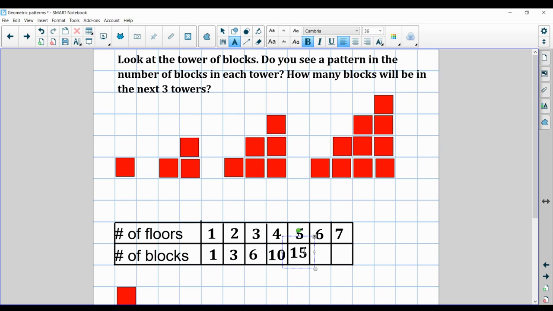Then I add 6: 15 plus 6 is 21. Now I'm going to add 7, so 21 plus 7 is 28. So in the next 3 towers, I'm going to have 15 blocks, 21 blocks, and 28 blocks.